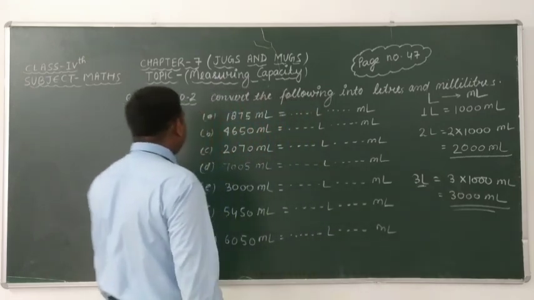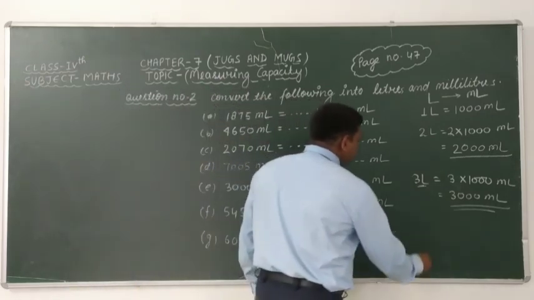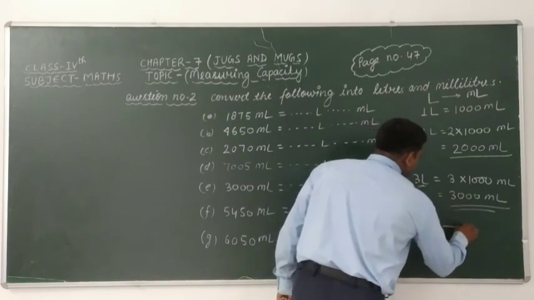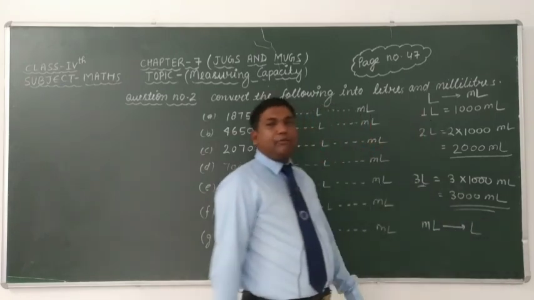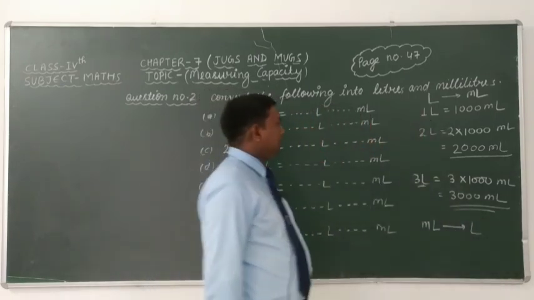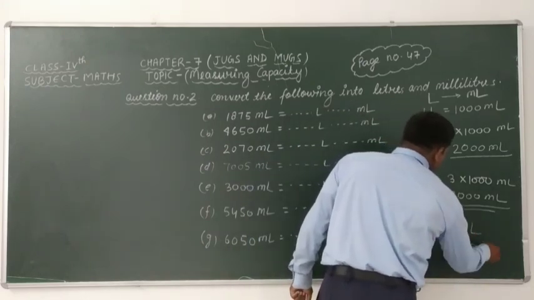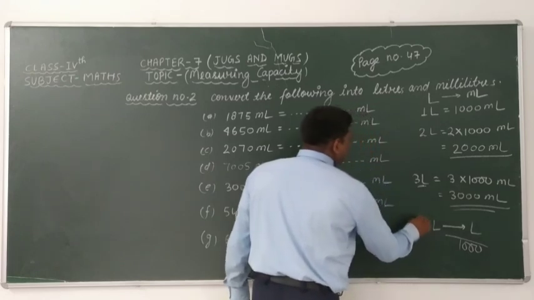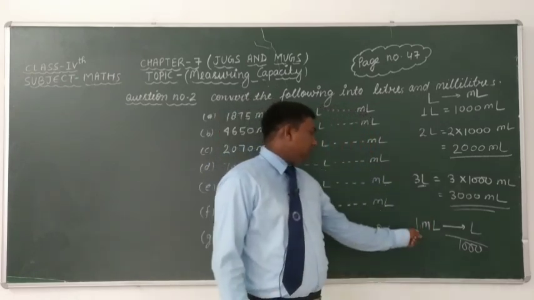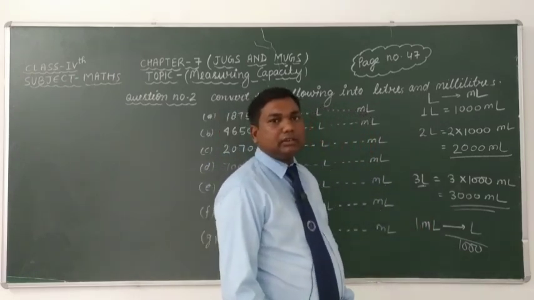If we have to convert milliliter into liter, then we have to divide the given number of milliliters by 1000. Okay, students?